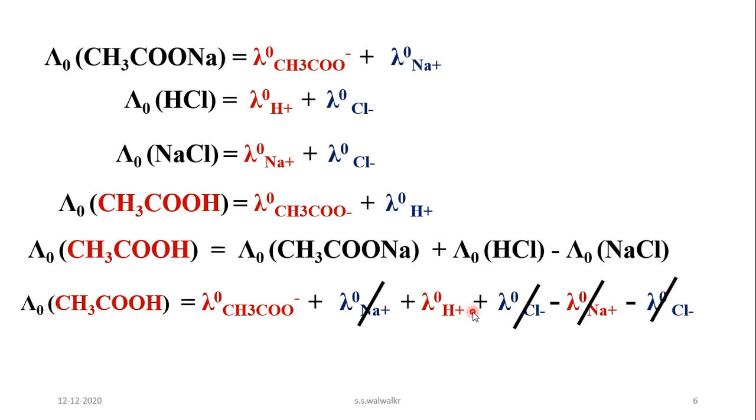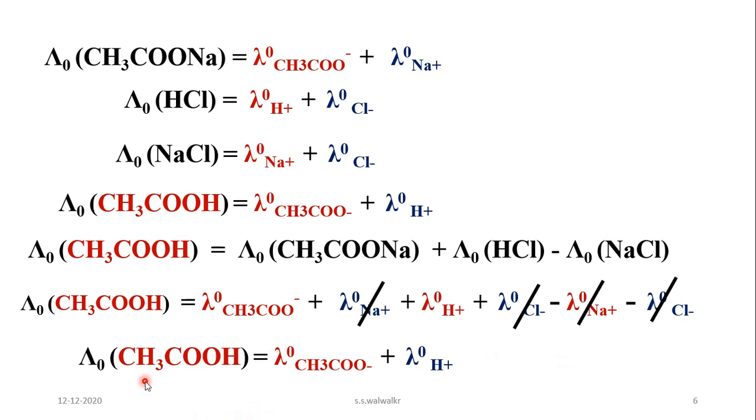So here plus lambda 0 of Cl and minus lambda 0 of Cl are cancelled, and plus lambda 0 of Na ion and minus lambda 0 of Na ion are cancelled, and what remains? Lambda 0 of acetic acid is equal to lambda 0 of acetate ion plus lambda 0 of hydrogen ion.